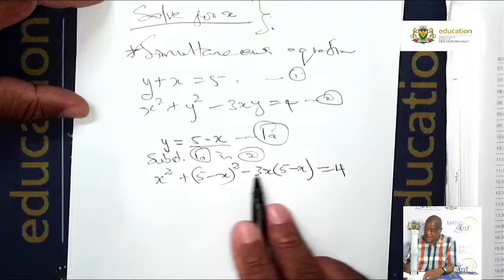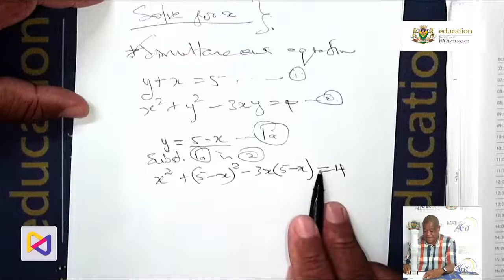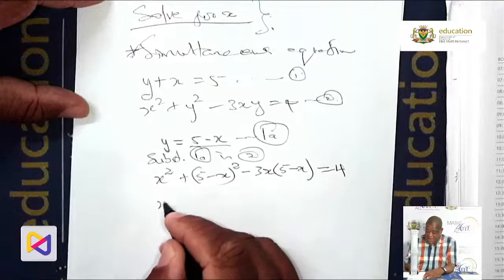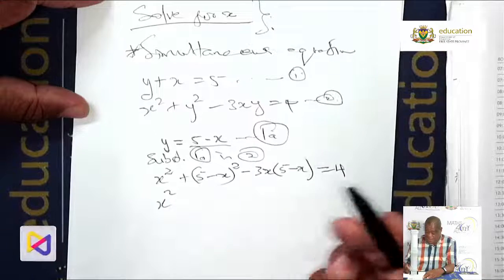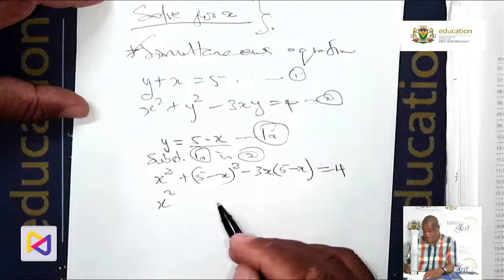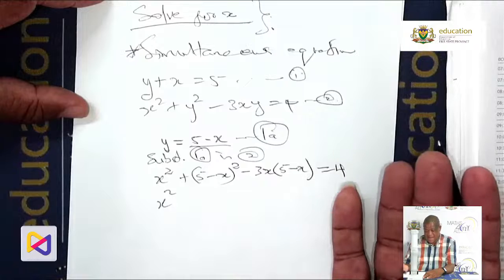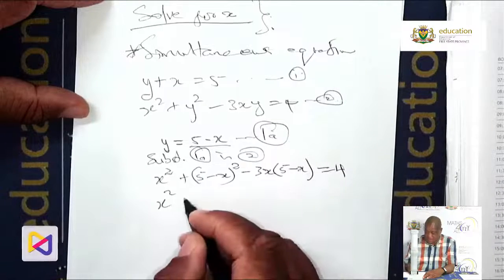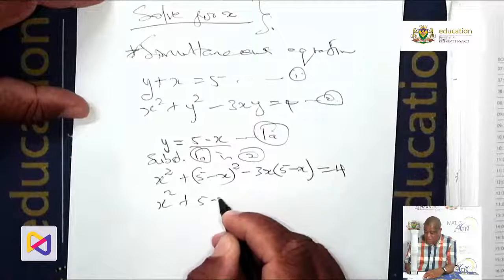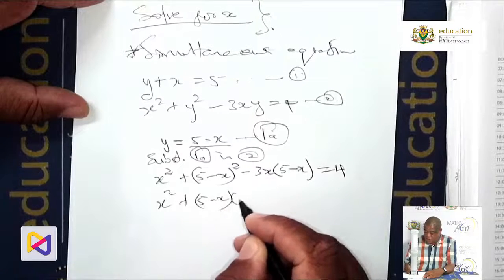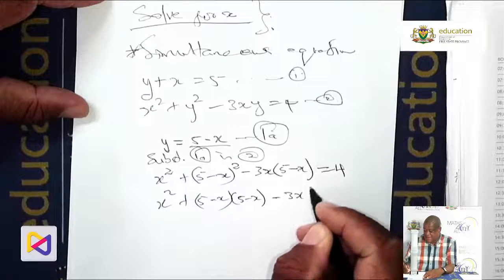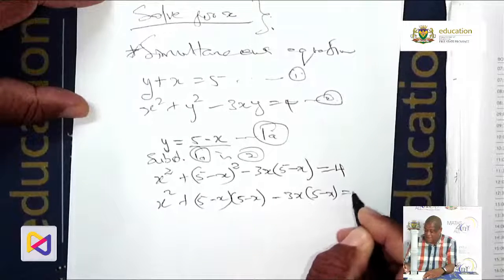Once we have done that, then it's a matter of removing the brackets. After removing the brackets, let me go through it, because that's where most of our learners, of course, lose marks unnecessarily, because we lose concentration while working with that. So the easy way will be, when you are to expand that, have your 2 brackets, minus 3x into 5 minus x is equal to 4.